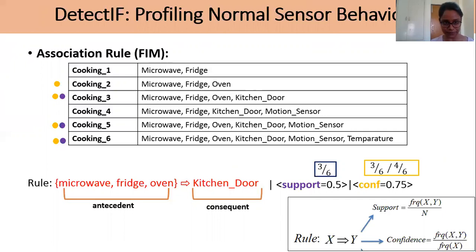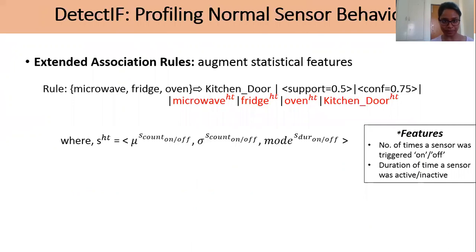So you can come up with association rules for the entire data set like this, and then go ahead and add the features. For each sensor that is there in the rule, we add their statistical features, meaning that when all these 4 were together triggered in one segment, how long the microwave was on, how many times it was off, what was the duration of its on and off.